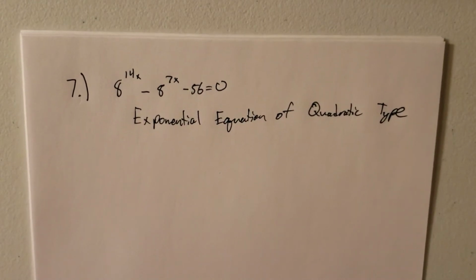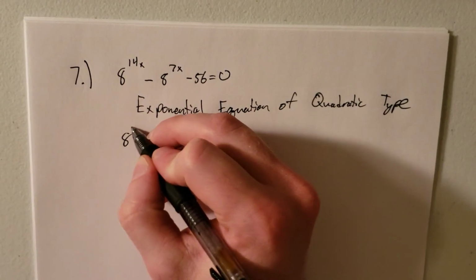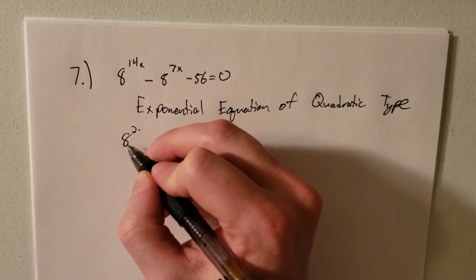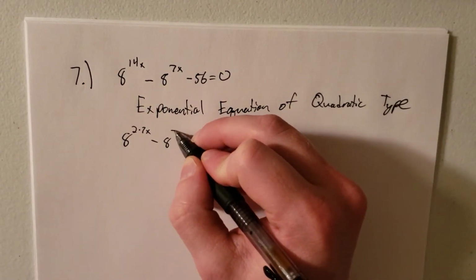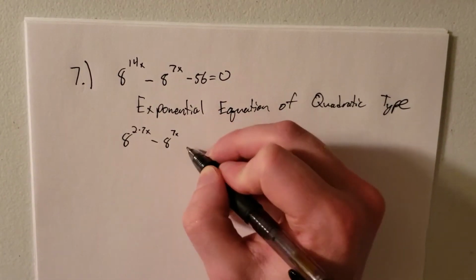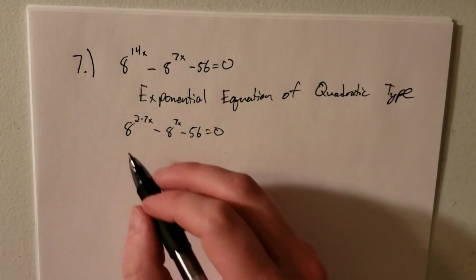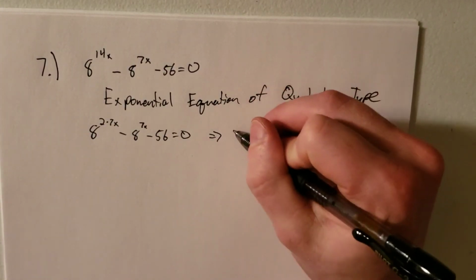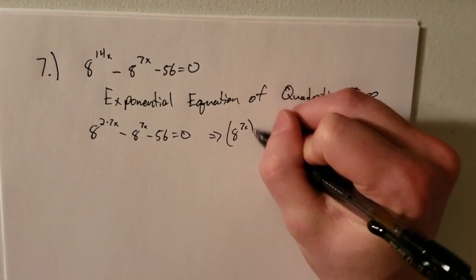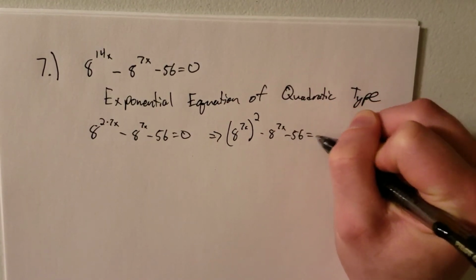So to see that this really is a quadratic equation, notice that 8 to the 14x is the same as 8 raised to the 2 times 7x. And then we have 8 to the 7x squared minus 8 to the 7x minus 56 is equal to 0.